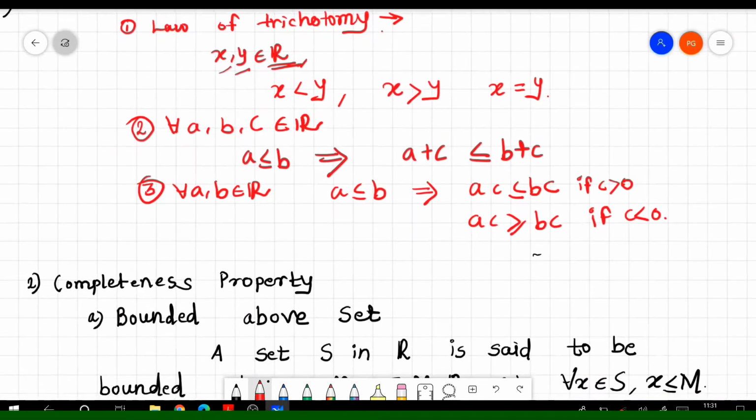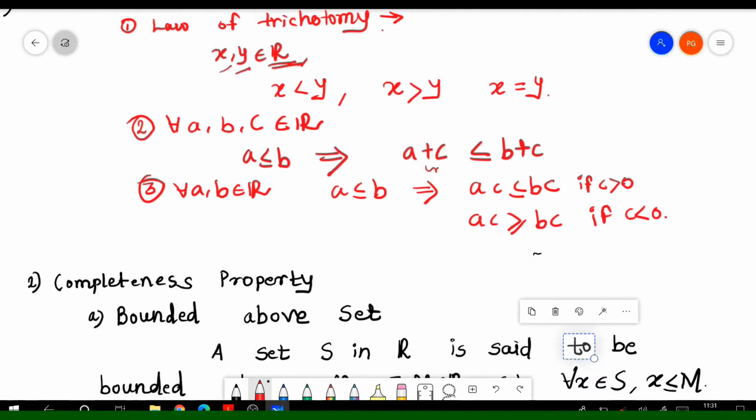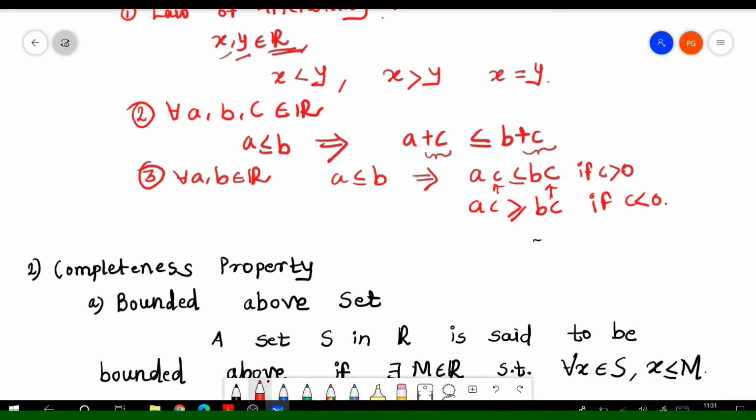First we saw what happens when we add on both sides. Now we have to see what happens when we multiply. If c is greater than 0, then this relation will not change. And if c is less than 0, then this relation will change.